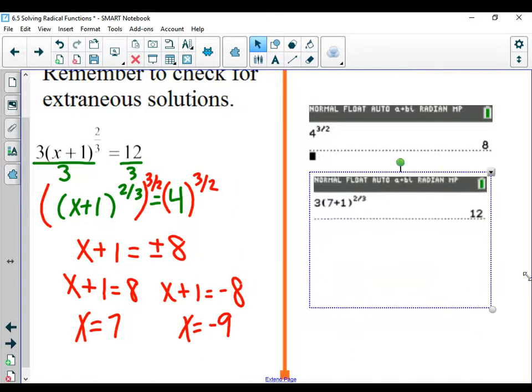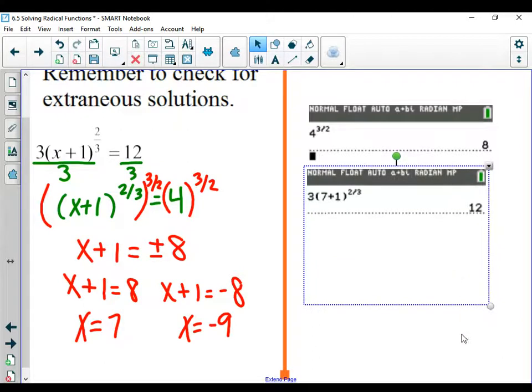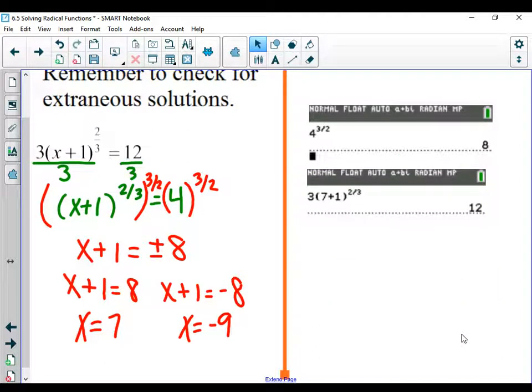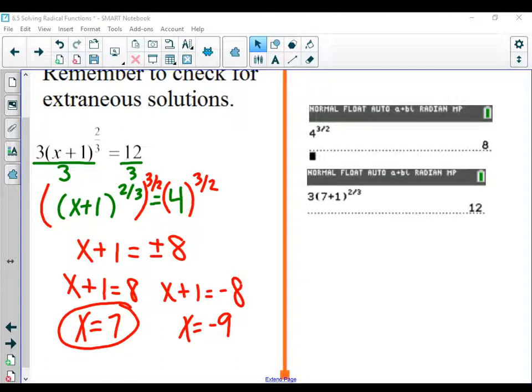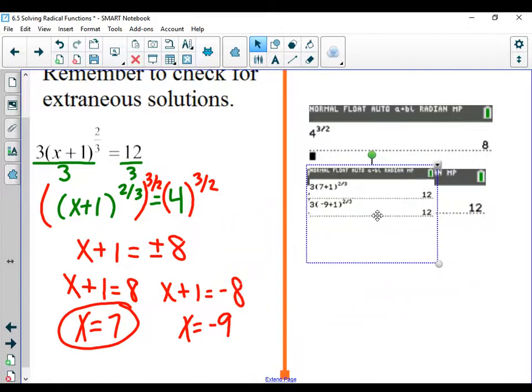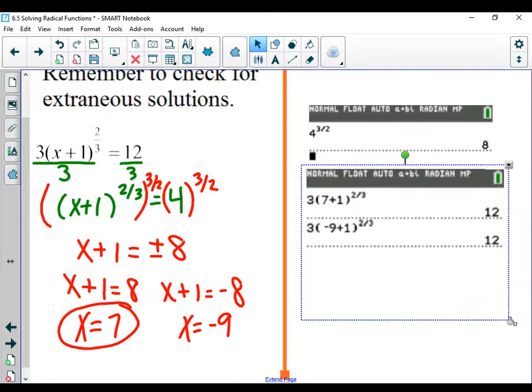So far, 7 is one of my solutions. Okay. Now I got to do the same thing for -9. And I conveniently also get 12.